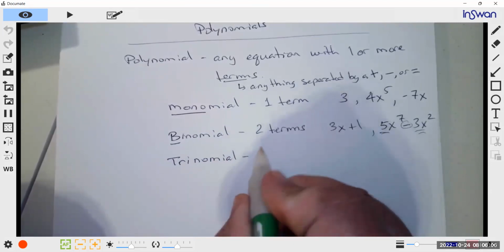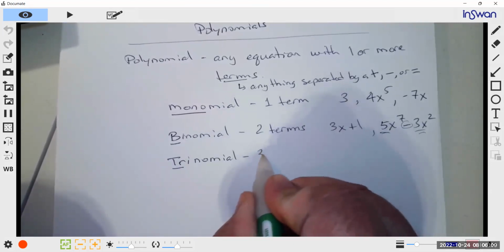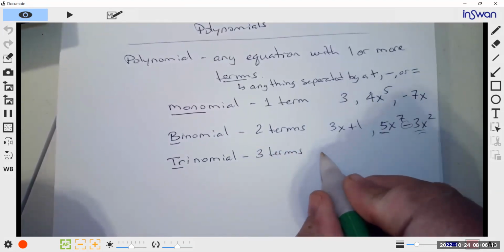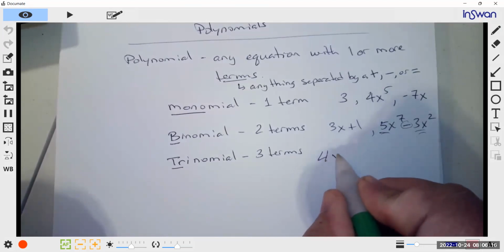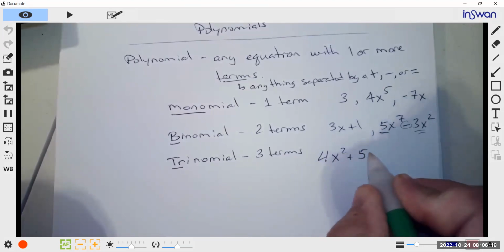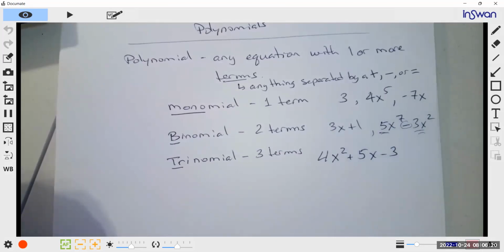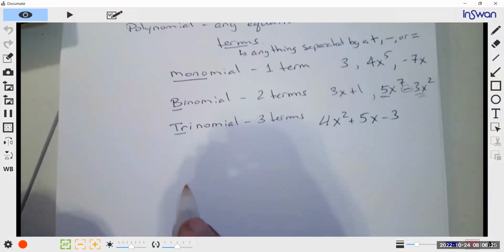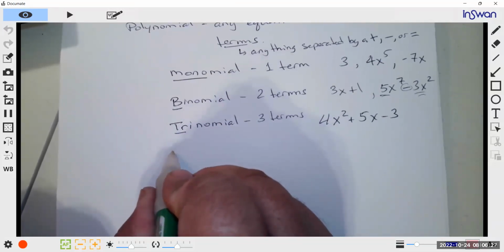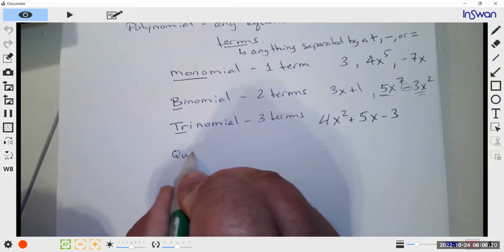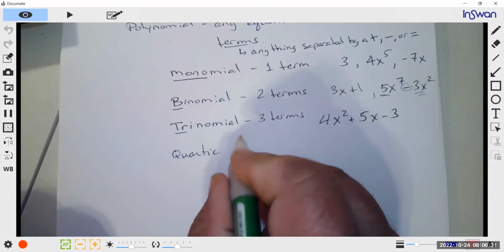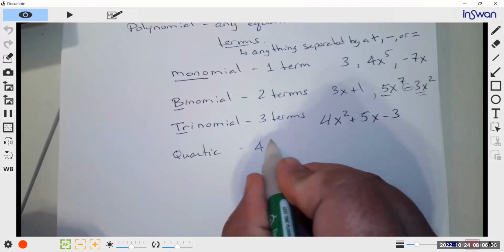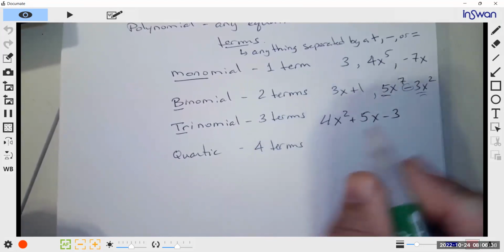A trinomial. Tri means three, so this one has three terms. A quartic is a polynomial with four terms.